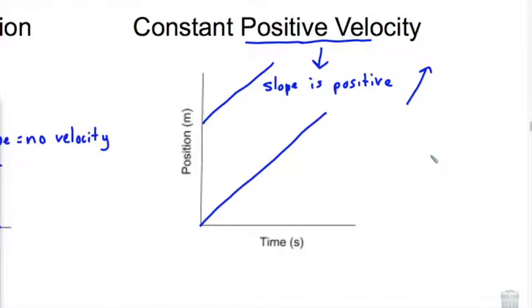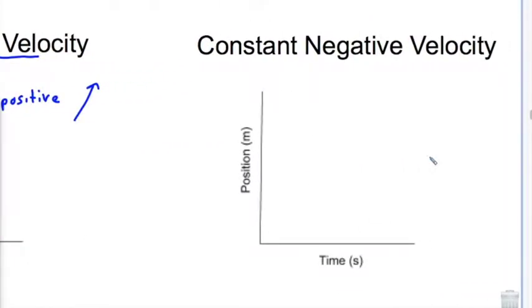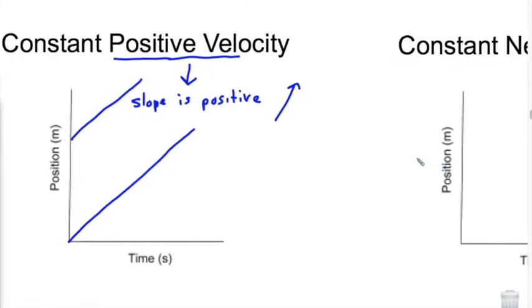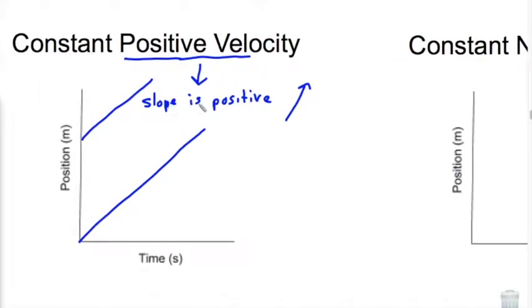That's the opposite of a constant negative velocity. By the way, it's constant because the slope is constant. The slope doesn't change the whole time. The slope is not changing here. If the slope changed, that means the velocity would be changing, not constant.